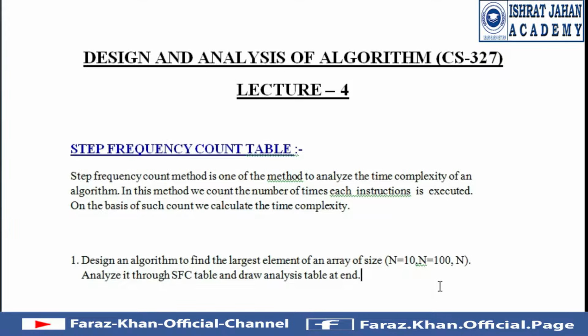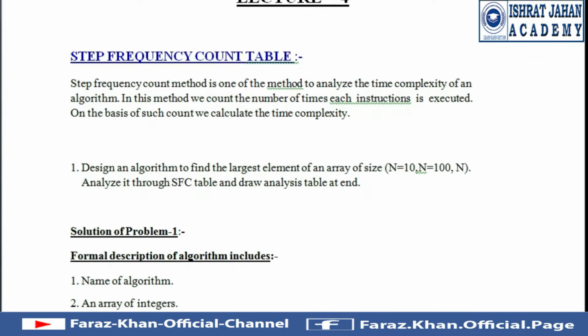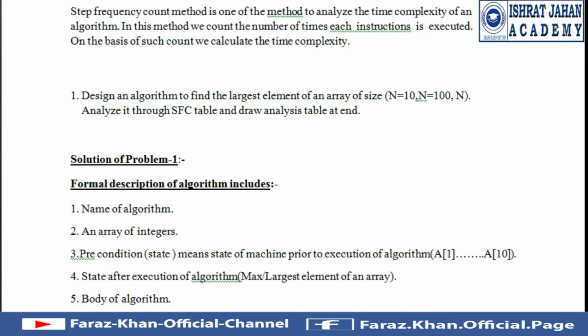So now first of all, we have to design an algorithm for the given problem. To design an algorithm for the largest element of an array of size n equal to 10, what should be the formal description of the algorithm? Obviously, number 1, the name of the algorithm.